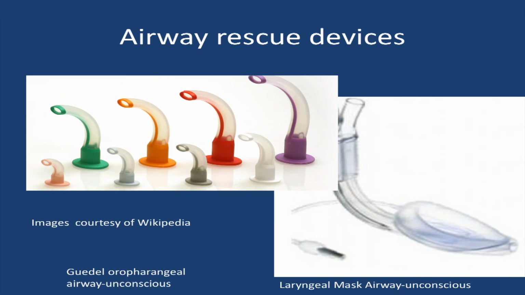They come in different colors apparently, and when it's placed, you hold the curve away from you and you slide it along the palate, and we'll show you here in a moment how it's supposed to be used.